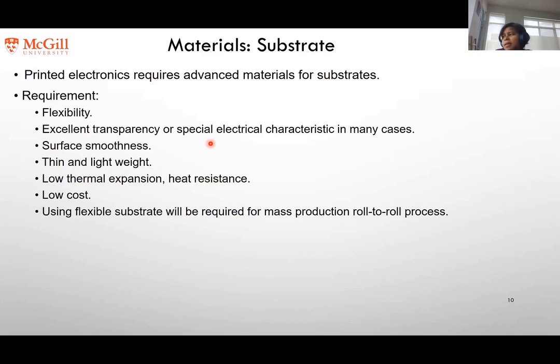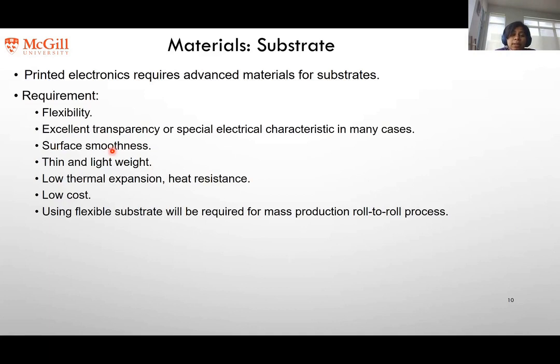Let's say if we are doing a photovoltaic cell or a display, a lot of the time we need a transparent substrate. For other applications, we might need other properties. Sometimes we need the substrate to be piezoelectric, sometimes pyroelectric. So we need different electrical characteristics from the substrate sometimes.